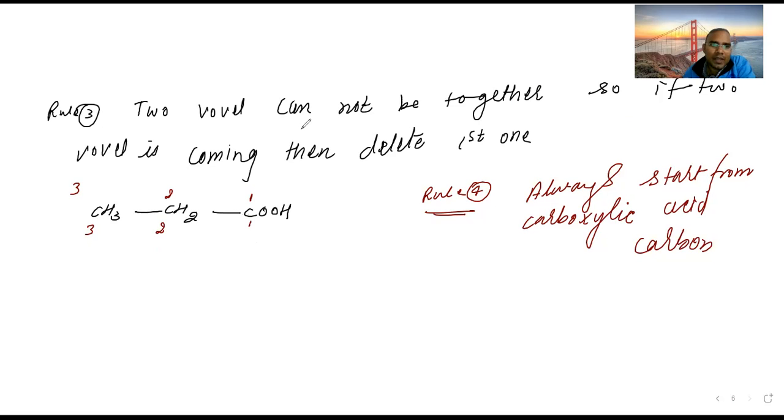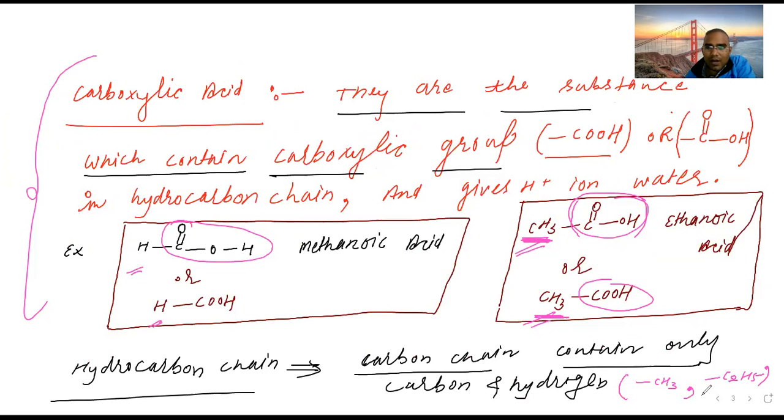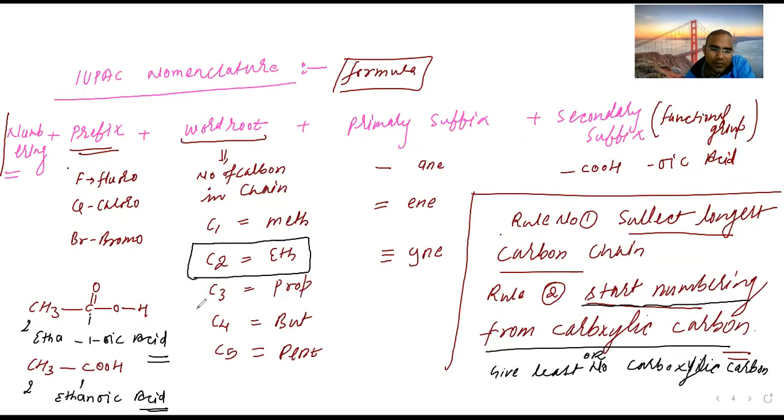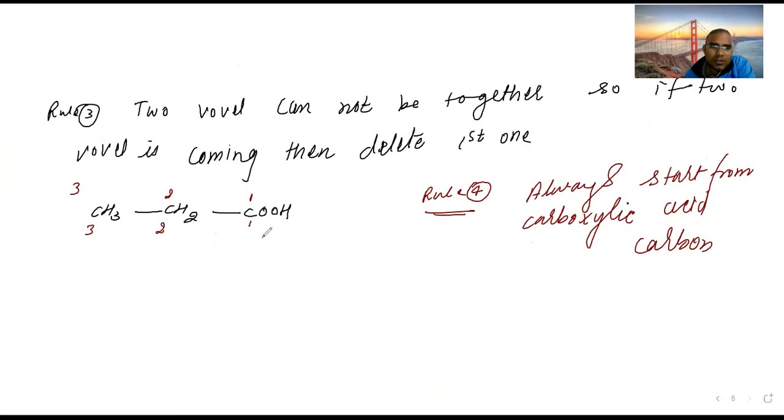Noor, go to the first page and let me know for 3 carbons what we write. For 3 carbons we use the word root prop. Can we use prop for 3 carbons? Yes. So here also 3 carbons are there, so prop.